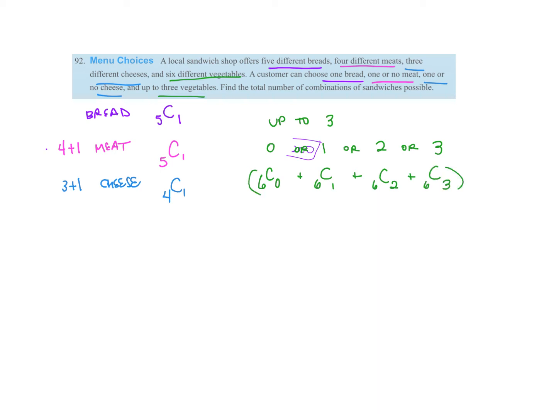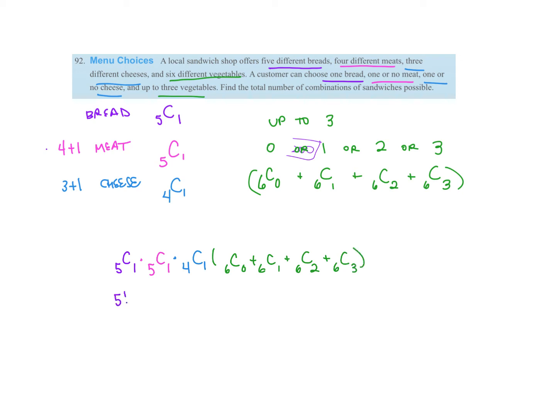So putting this all together, someone will choose 1 out of the 5 breads, and they have 5 choices of meat, which is the 4 meats or no meat, so that's 5 choices, and they will choose 3 cheeses or no cheese, so that represents 4 choices, and then also the vegetable choices, so 0, 1, or 2, or 3.